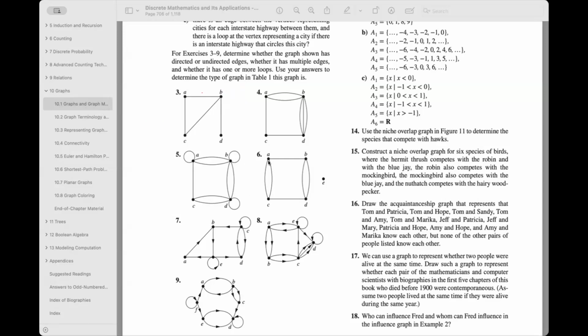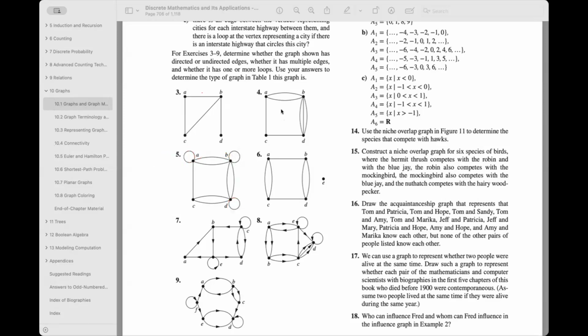So a harder problem, we could look at 5. So 5, you can see that it has no directions, so these are undirected. You have multiple edges connecting A and B, and you can see that at vertex A you have a loop, vertex B you have a loop, and D you have a loop. So that means that this would be a pseudograph, because in pseudographs you're allowed to have multiple edges, but also you're allowed to have loops.